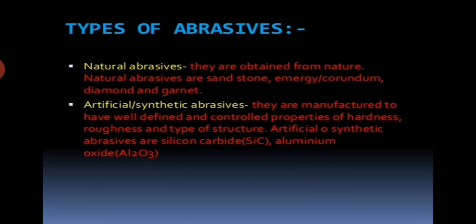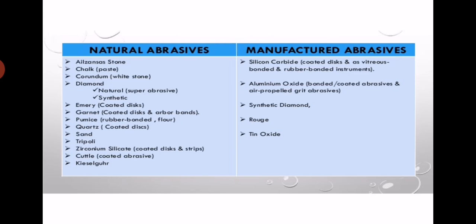Artificial synthetic abrasives are silicon carbide, aluminum oxide, and tungsten carbide, etc. So here are some examples of natural and manufactured abrasives.